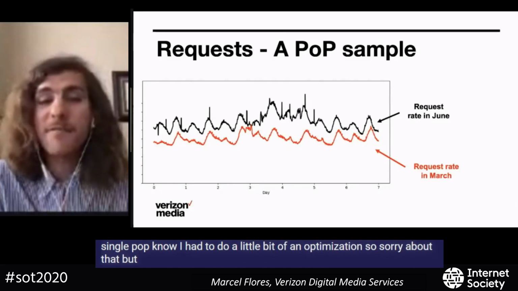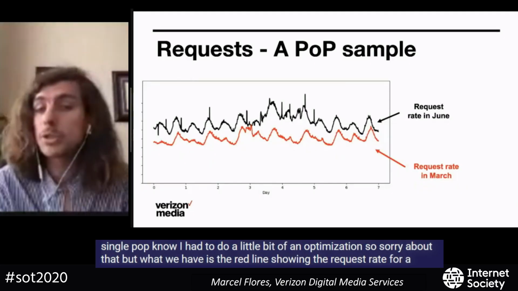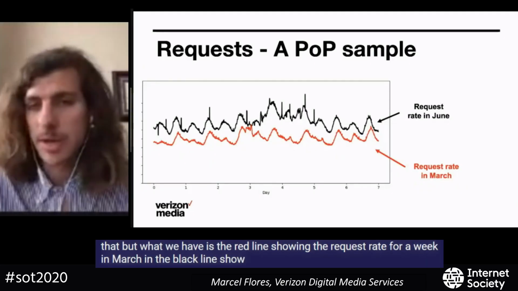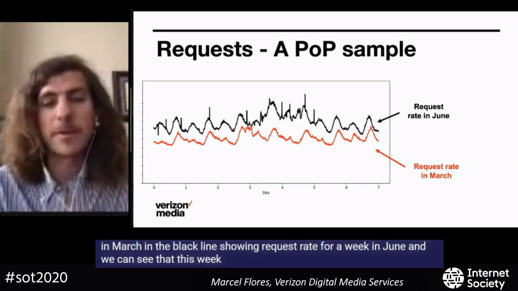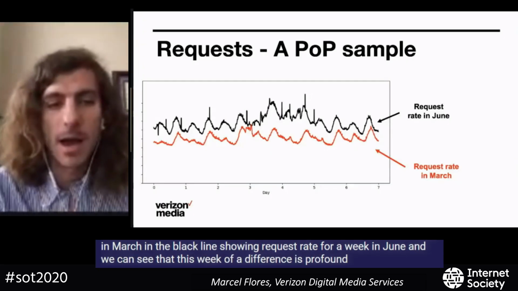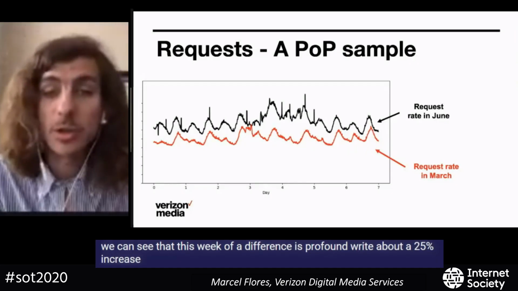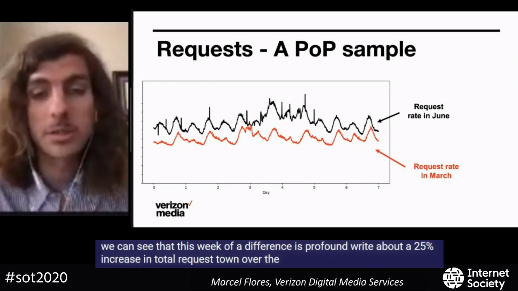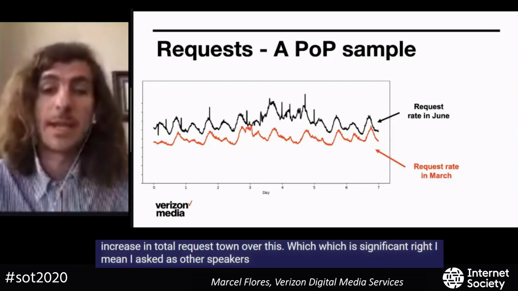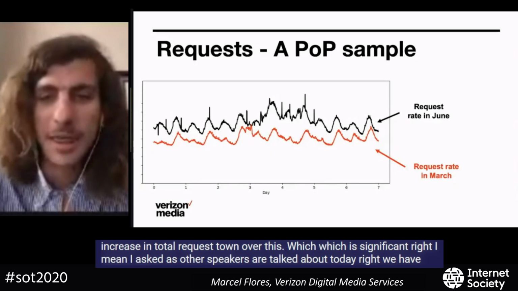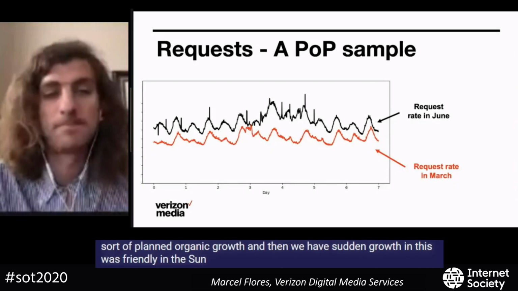But what we have is the red line showing the request rate for a week in March, and the black line showing the request rate for a week in June. And we can see that this week over week difference is profound, right? We see about a 25% increase in total request count over this period, which is significant, right? I mean, as other speakers have talked about today, we have planned organic growth, and then we have sudden growth. And this was firmly in the sudden category.